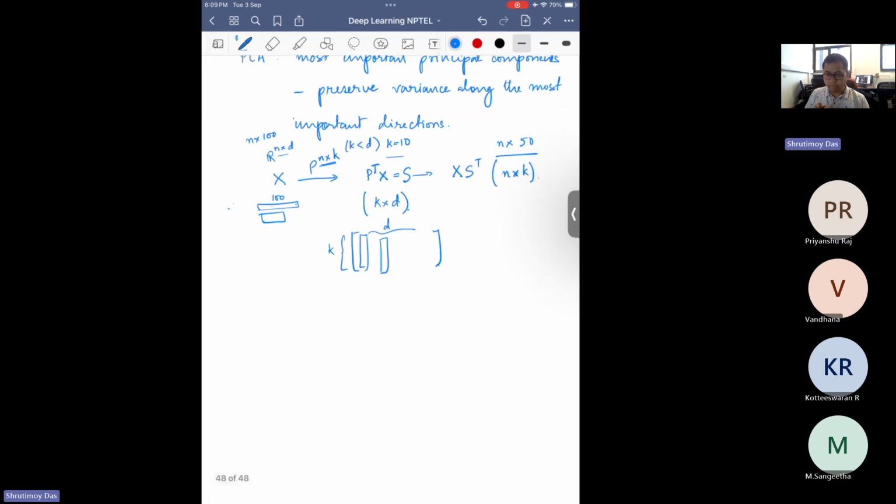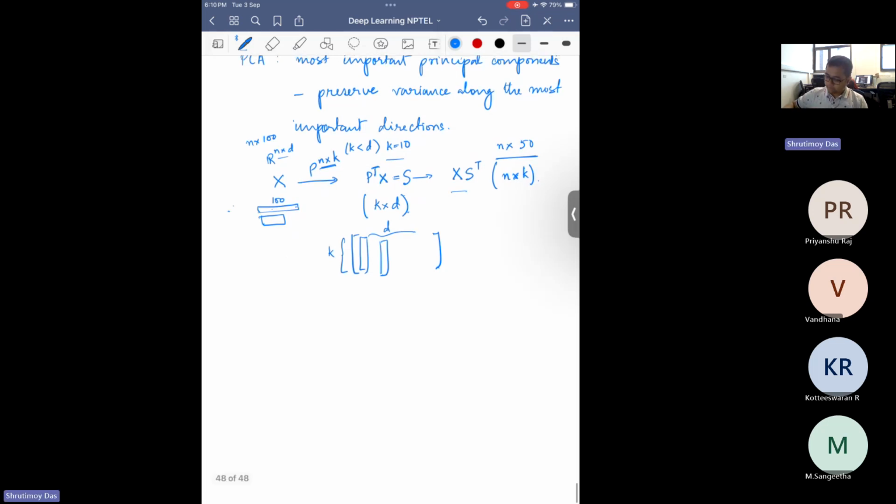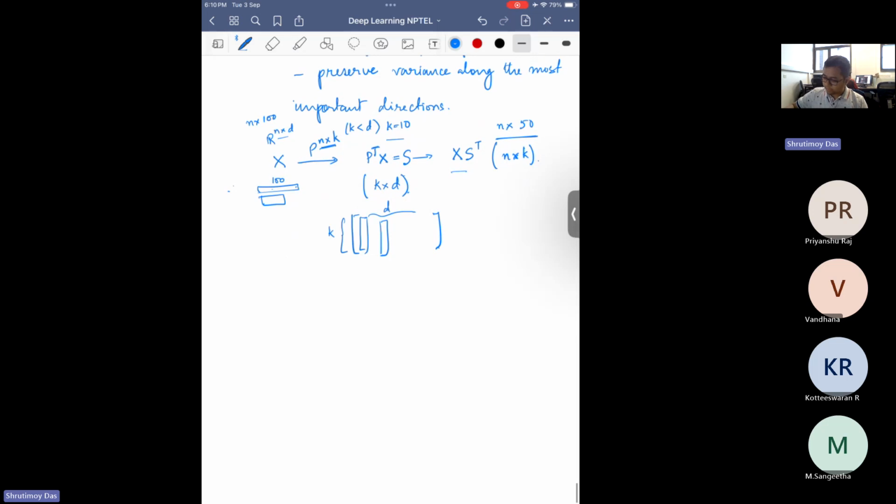Now can I represent this operation of doing a P transpose X or X S transpose as a neural network? So let us see. First of all, you have the input layer X, which is D dimensional, right?